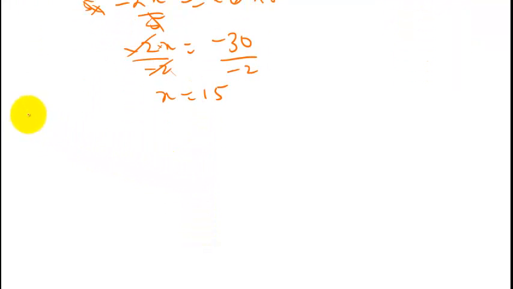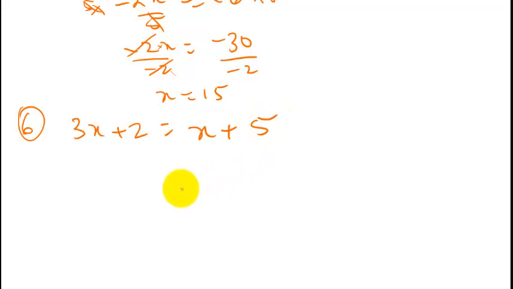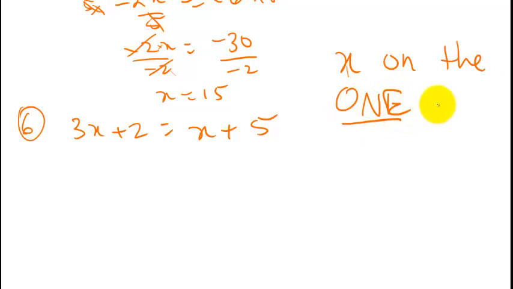Okay, number 6. What about if there's x's on both sides? Well, your aim is to get x on the one side. So you gotta get rid of the x's and the numbers on the other side as well.